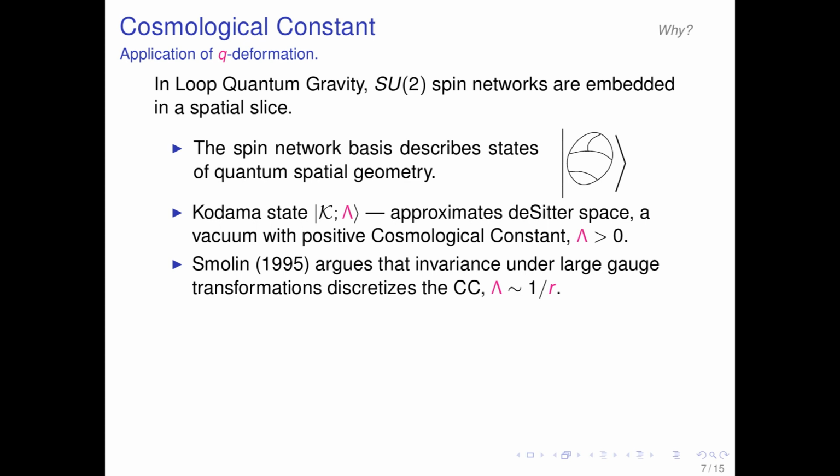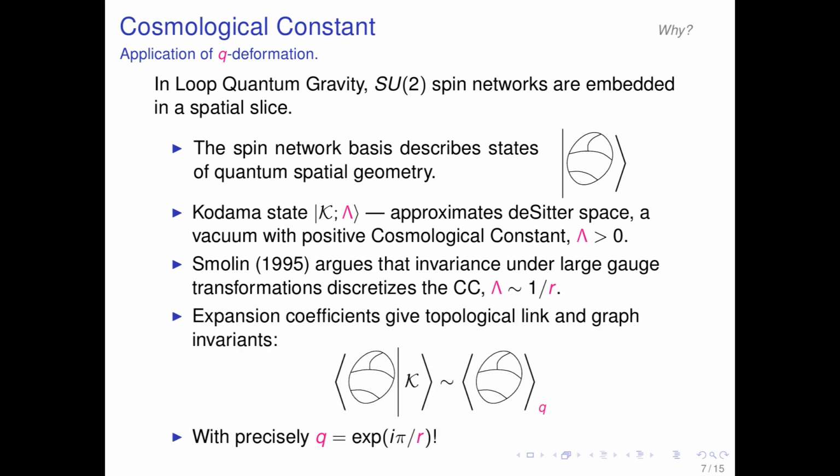This state approximates de Sitter spacetime, which is a vacuum solution of Einstein's equations with a positive cosmological constant. And Smolin has argued that the invariance of this state under large gauge transformations necessitates a discretization of the cosmological constant. So lambda becomes proportional to 1 over r, where again r is a positive integer.